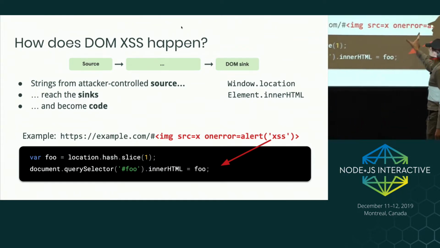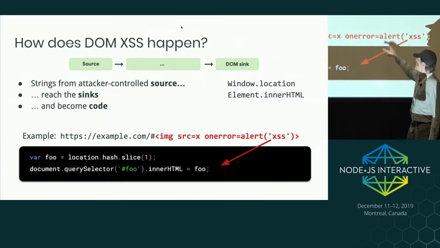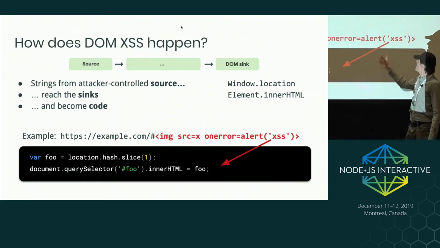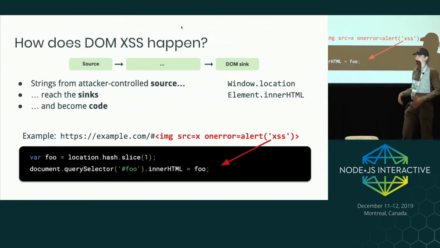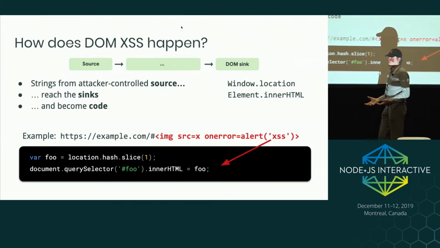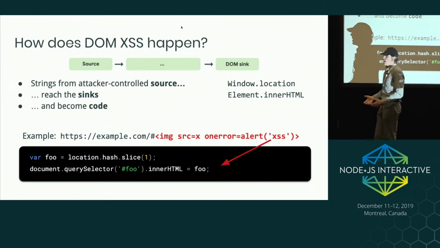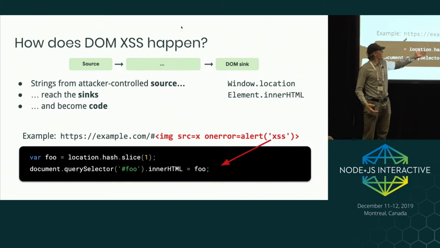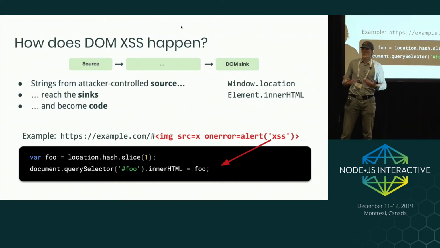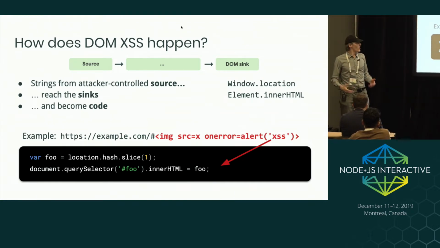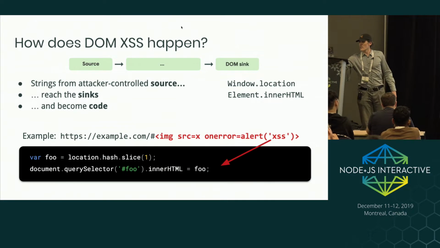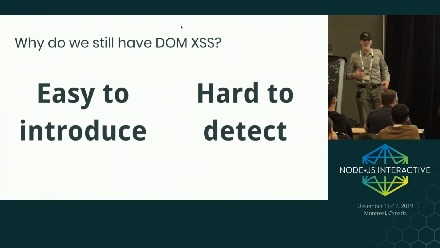It creates an image. The HTML parser then sees this onerror attribute, which then gets routed to the JavaScript parser. When that image fails to load, that onerror handler is called and causes a side effect. So this is the classic case of DOM XSS.